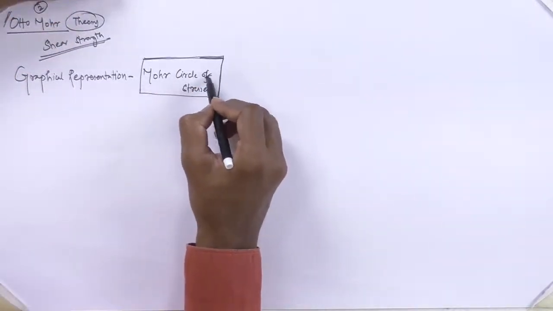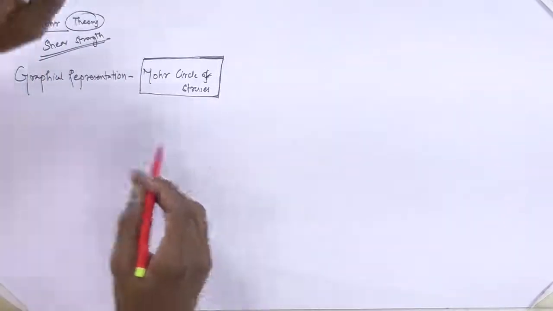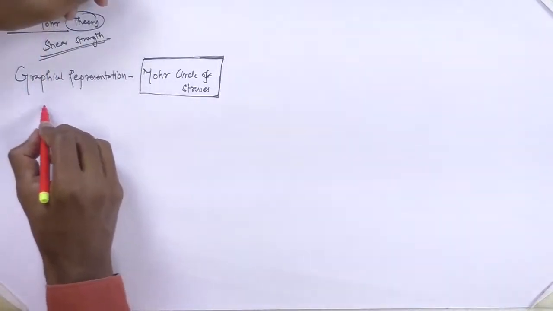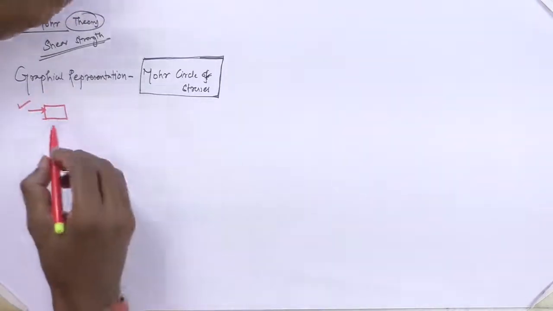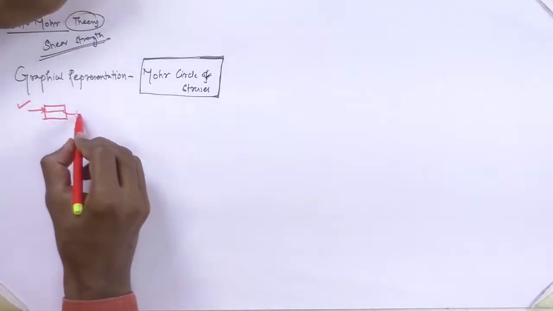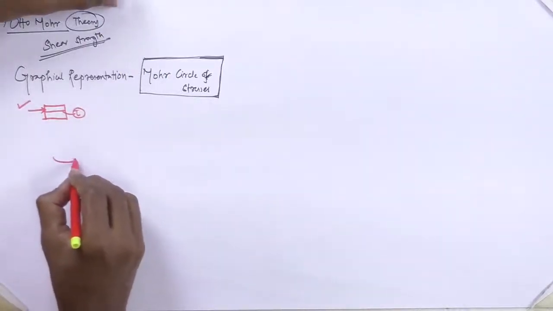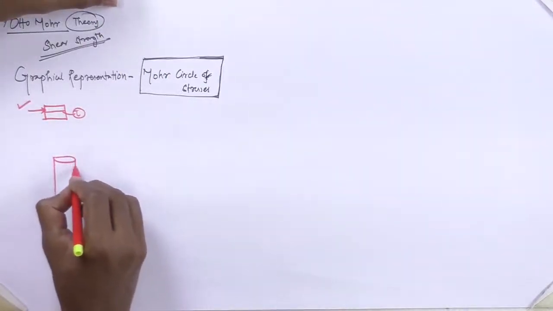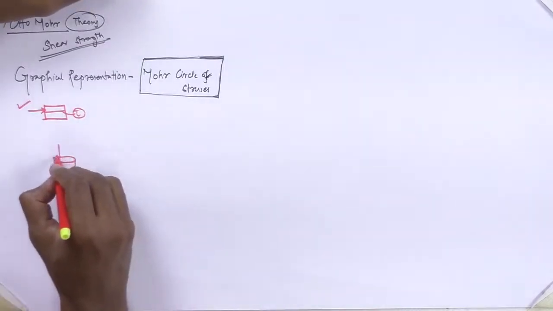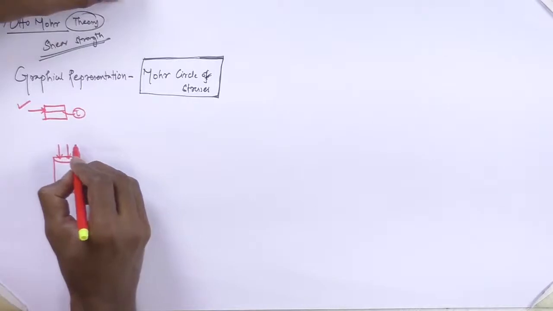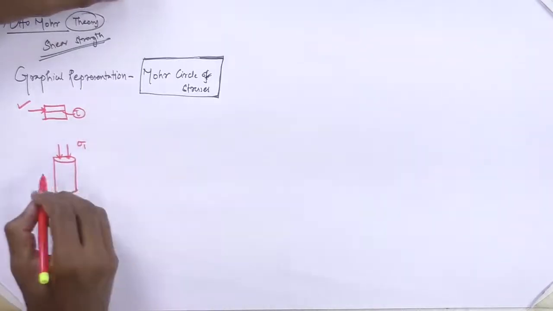He has done another great work, Mohr has done. Previously Coulomb applied a direct shear, and he found tau based on that. But Otto Mohr has a different theory. He has taken a cylindrical sample. This is going to be the stress applied, let us say sigma 1.